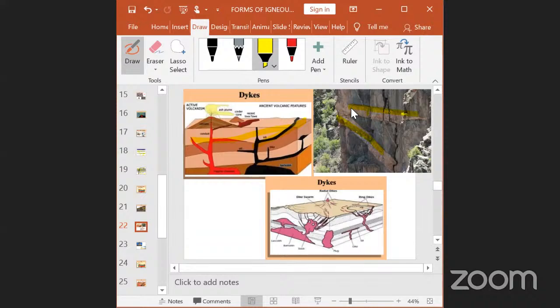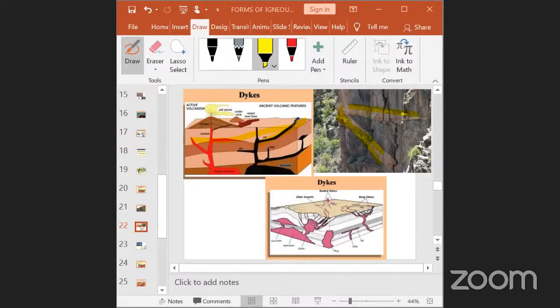Subsequent solidification gives rise to a dike. Some dikes may serve as feeding channels for other igneous bodies such as laccolith, lopolith, and sills. Dikes may be horizontal, inclined, or vertical. Steeply inclined or vertical dikes extending to greater depth are common in nature.